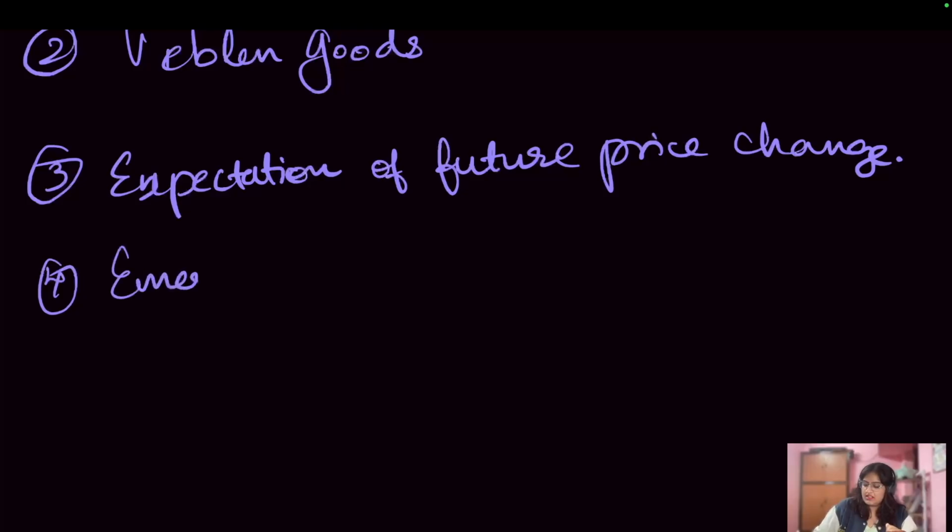Then another situation is emergencies. During a natural disaster, suppose the price of bottled water skyrockets. But people will buy more because it becomes a necessity. It is required for them to survive.